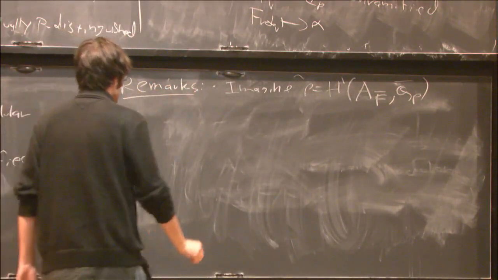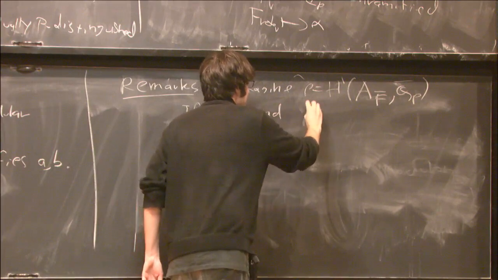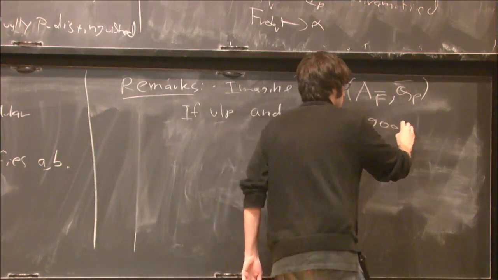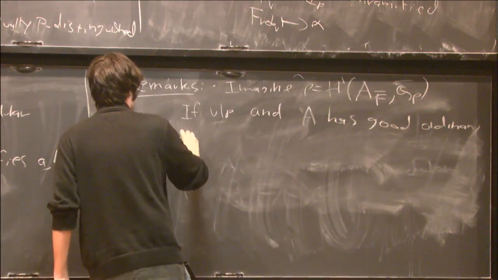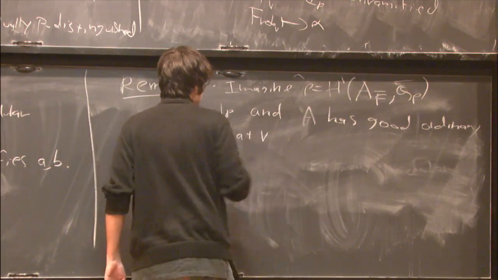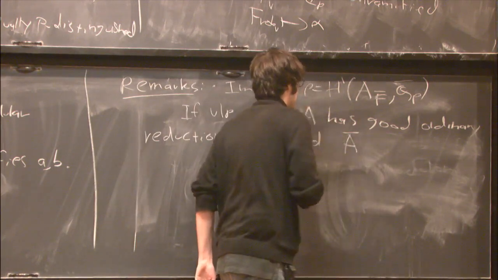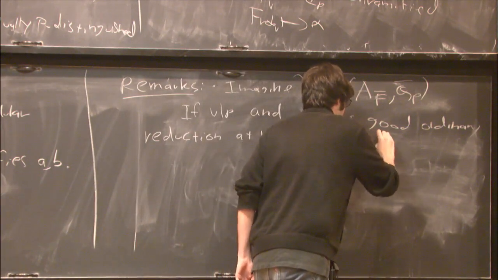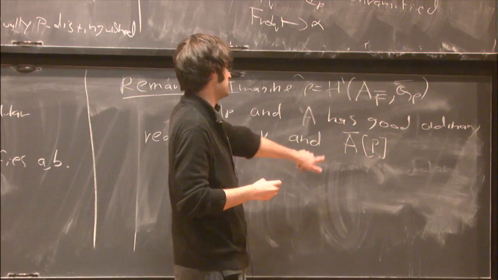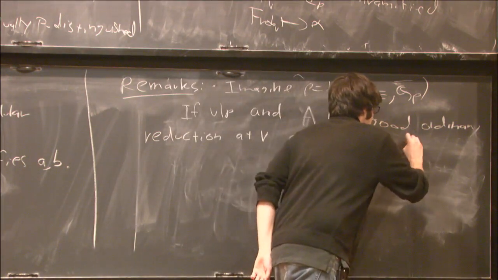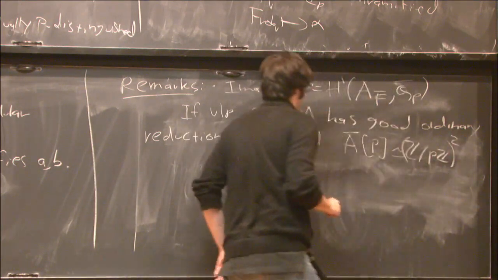Well, if v divides p and A has good ordinary reduction at v, and you look at A mod v and its physical p-torsion points, to say that A has good ordinary reduction at v means in particular it has good reduction, and this is actually a two-dimensional F_p vector space.